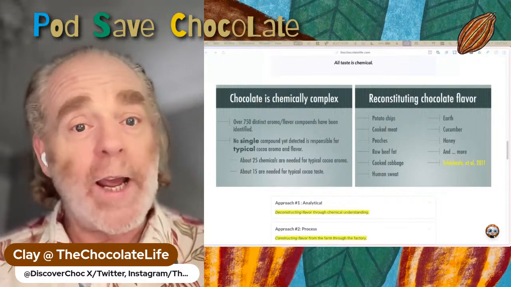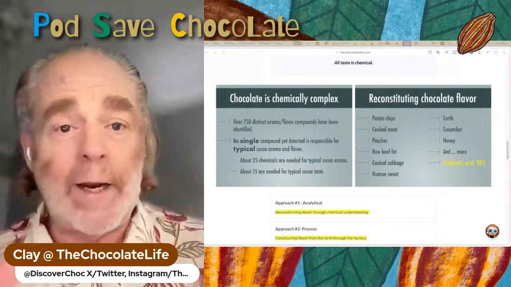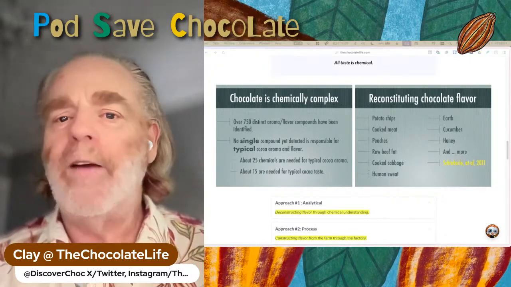And from what I understand, right? And I'm talking this through, and thank you very much, everybody, for your forbearance here. What I'm learning is that most professional flavorists don't have a real considered understanding of actually how chocolate gets its flavor. From a process perspective, they understand that yes, cocoa beans are an ingredient.